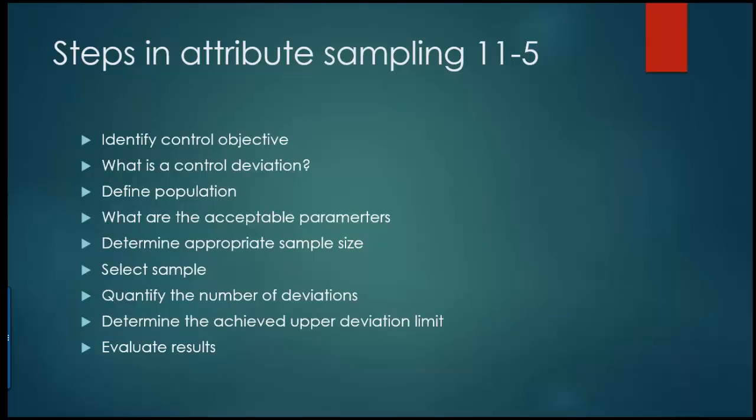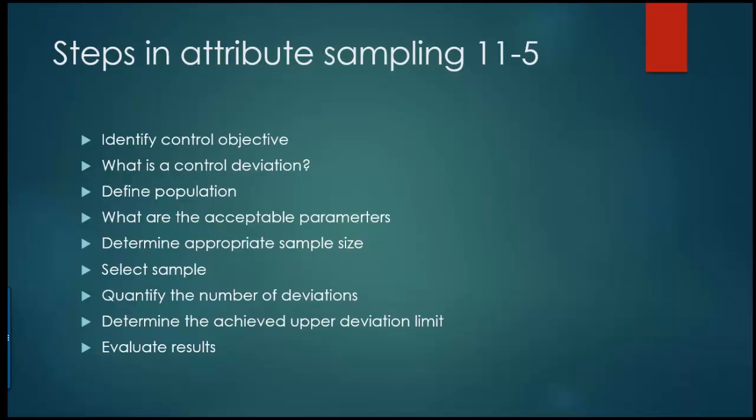The acceptable parameters, again, we're looking at the risk level, the tolerable, and the expected rate of deviation. And here I'm just going to read a couple of things related to this on page 11.6.